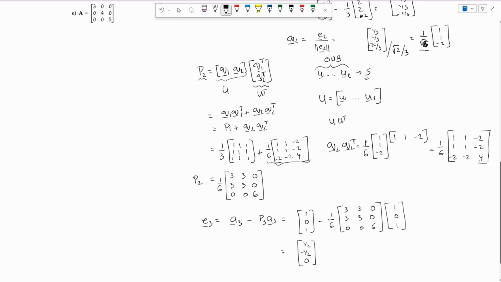Now that E3 is not 0, what does it say about A1, A2, A3? Well, A1 was not 0, so the set A1 is a linearly independent set. When you estimated Q2, E2 did not come out to be 0. Then what does it say about the set A1, A2?